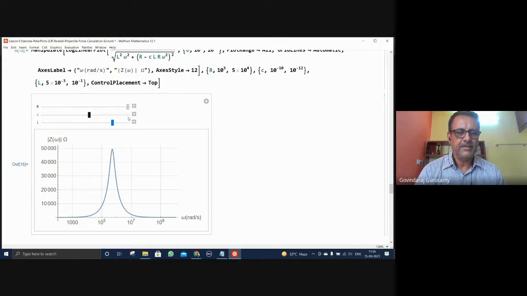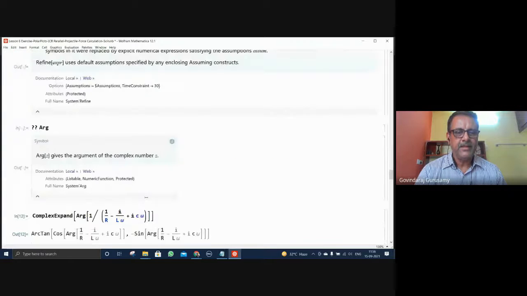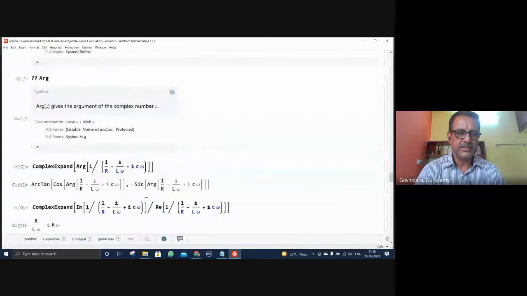So width can be controlled by changing the values of L and C, because RC is going to be the bandwidth of this. This information can all be studied when you have an LCR circuit.